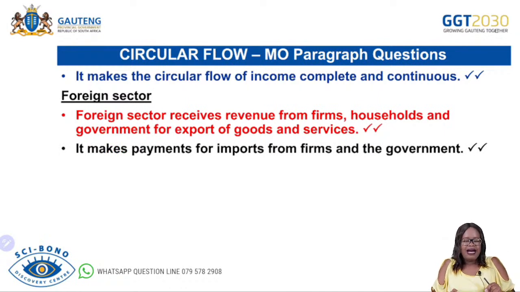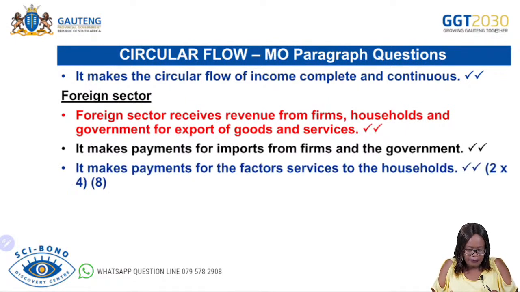After receiving that income, it is going to make payment for the imports from firms and the government. It also makes payment for the factor services to households, meaning that the households are also going to be paid using that income for the services that they have rendered.